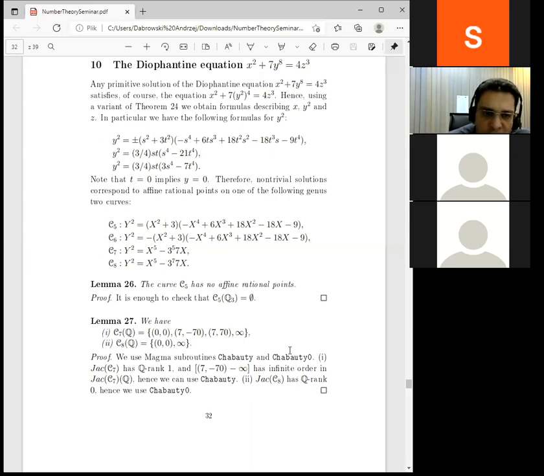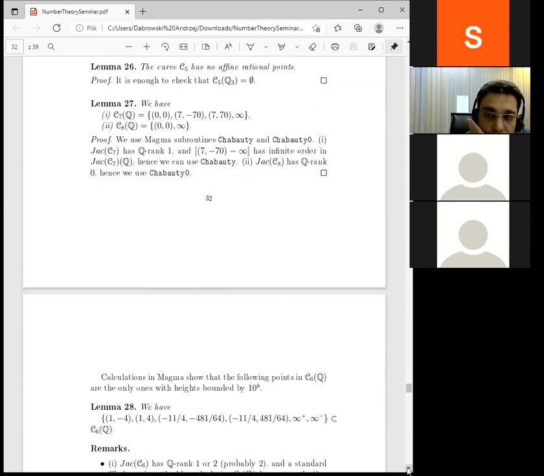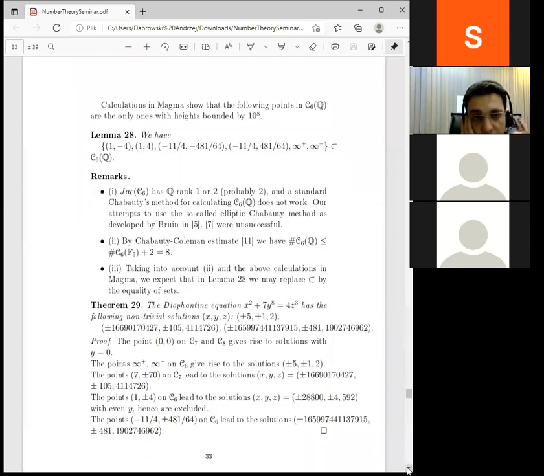But for the remaining curve C6, it is more difficult to calculate the rational points. At the moment, we're still trying to find all. What we know is that there exist 6 such points, including 2 points at infinity. Magma calculations show that there are no others with height bounded by 10 to the 8.